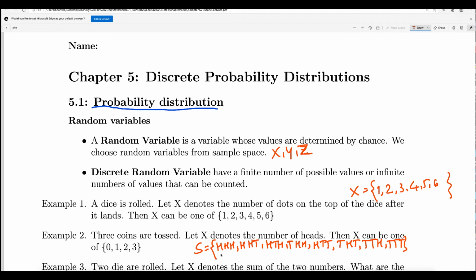These are the total possible outcomes when 3 coins are tossed together.